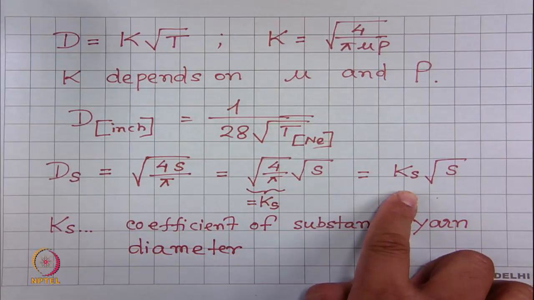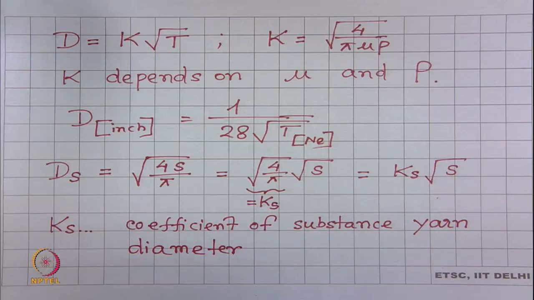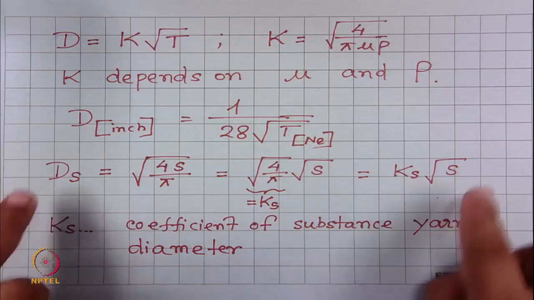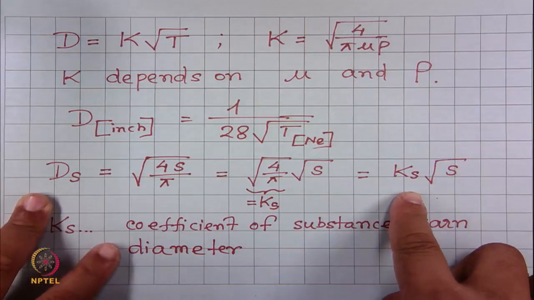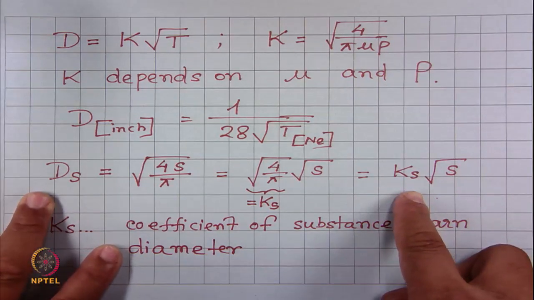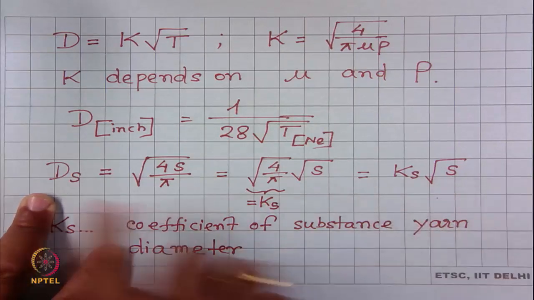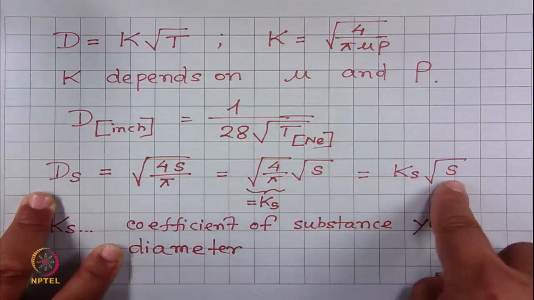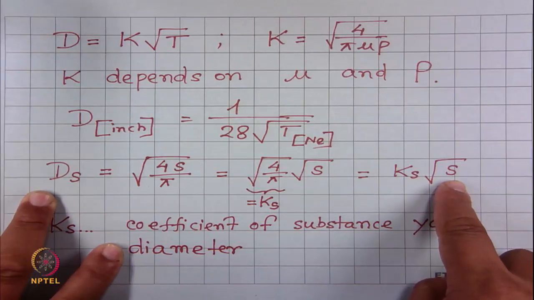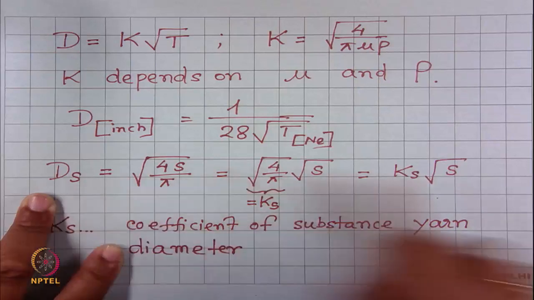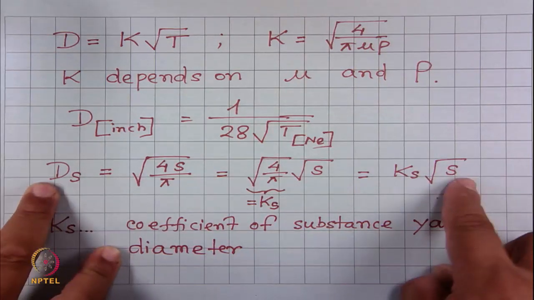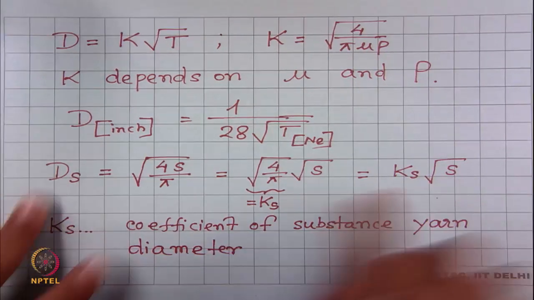But what is interesting in this expression is that K s is dimensionless. Why? Simple, because if S is say millimeter square area, ds diameter is millimeter, and this is square root. So, this millimeter and millimeter will cancel. So, K s will become dimensionless.